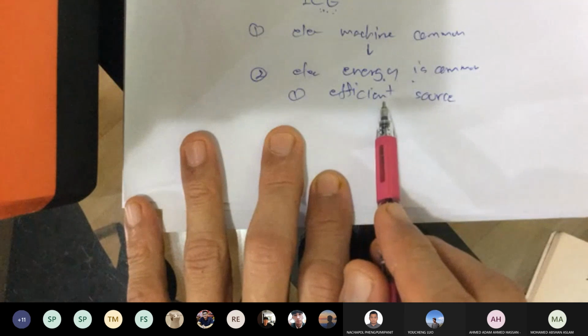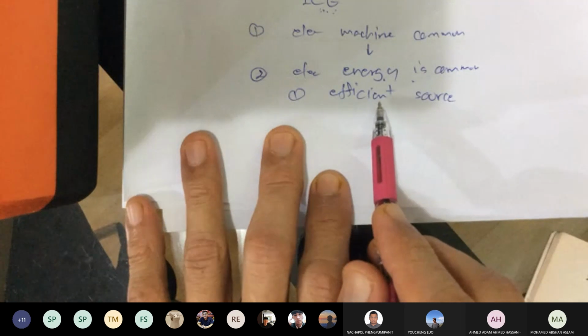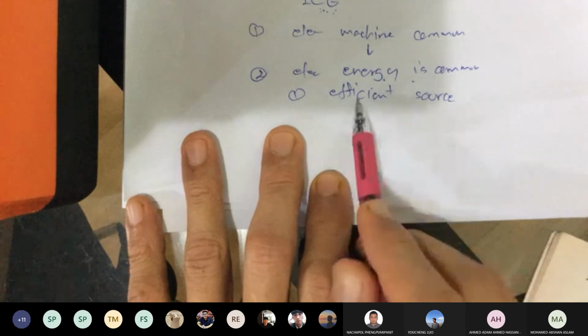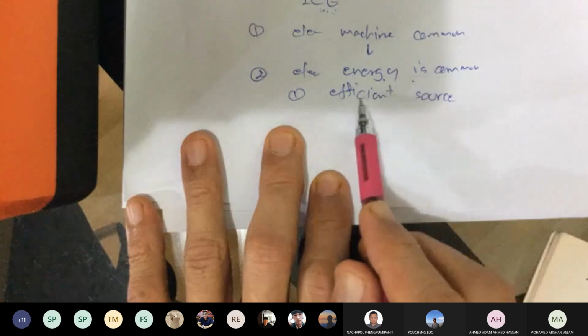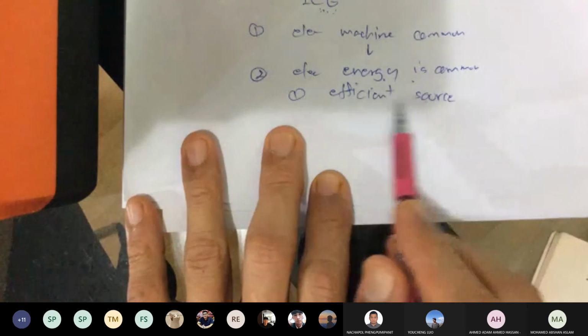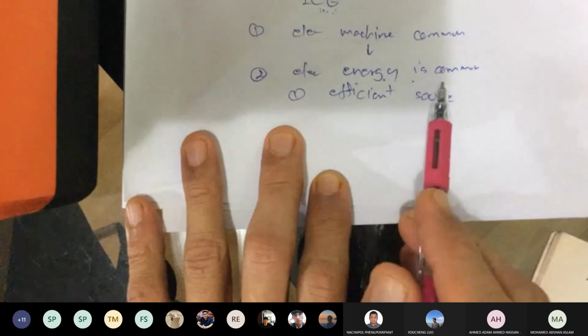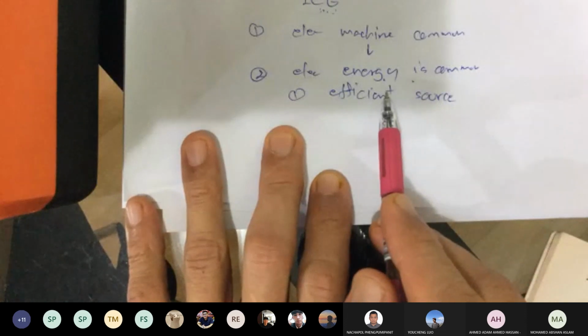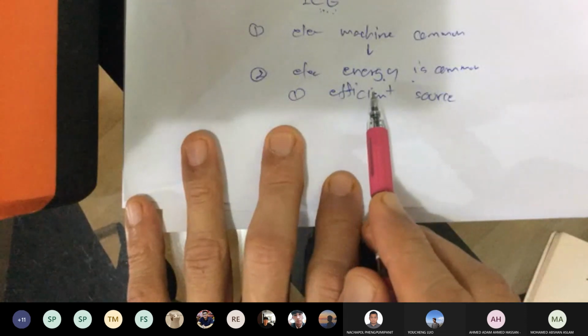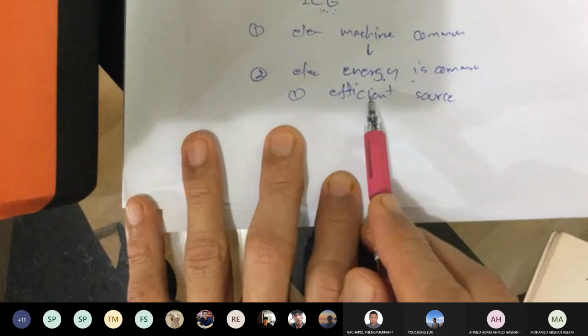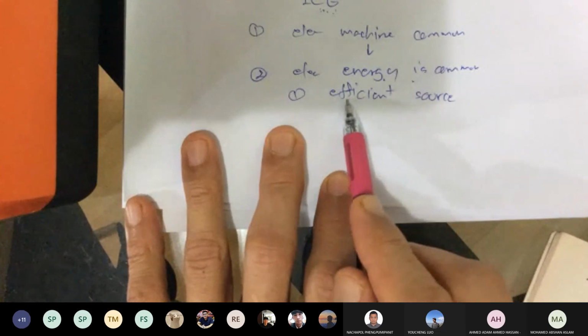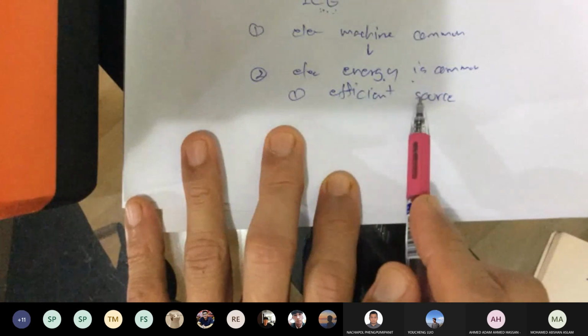Diesel engine car maximum efficiency is about 30%. All the losses, all the waste goes into the form of heat, right? You start a diesel engine car for, I don't know, 10 minutes, you touch the hood of it, it's going to get really hot. So it doesn't produce any distance. So it's an efficient source of energy.